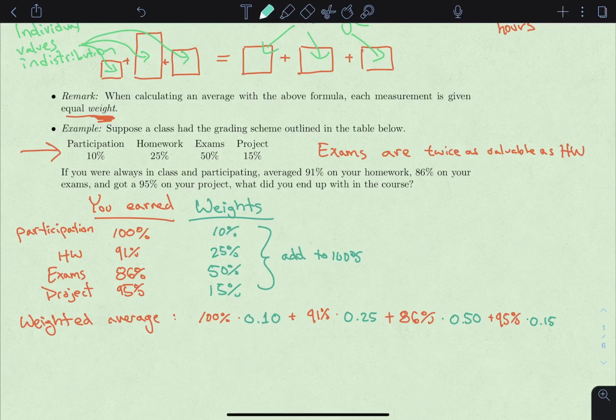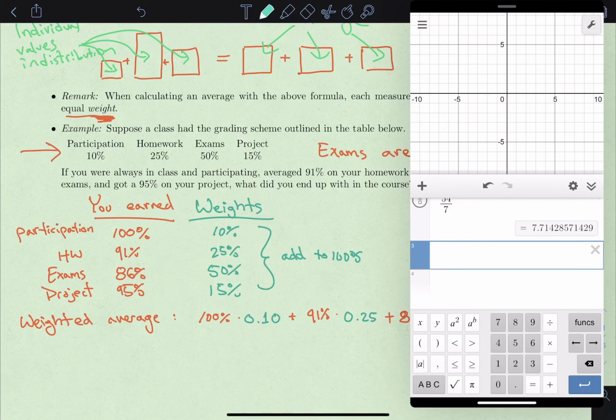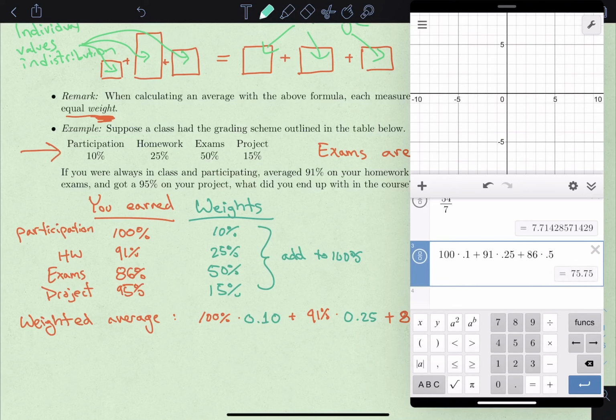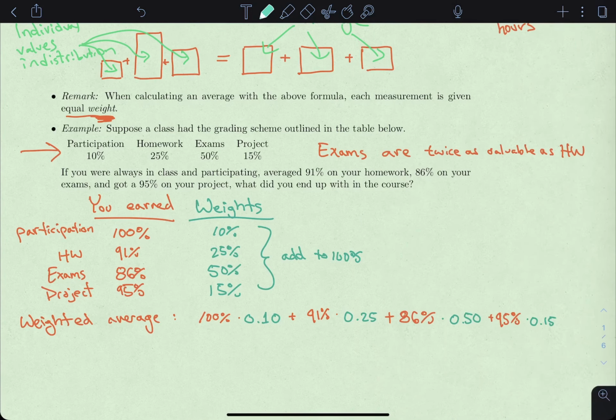So let's add those numbers up. We'll do 100 times 0.1 plus 91 times 0.25 plus 86 times 0.5. That's the 50% one, it's the exams. And 95 is what you got on the project, which was worth 15% of the grade. So you got an even 90%.